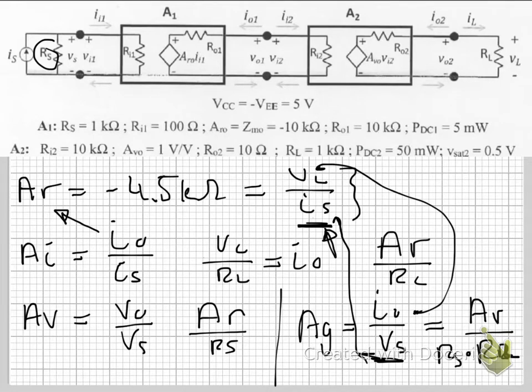So it's simple to get your other four gains from one of the gains, as long as you know the relationship between the gains.